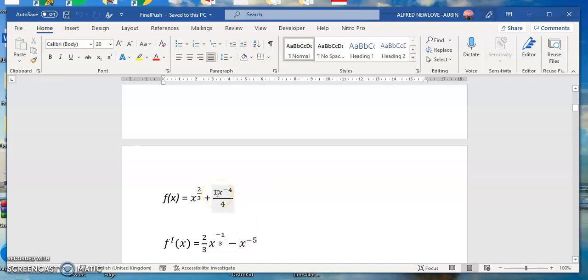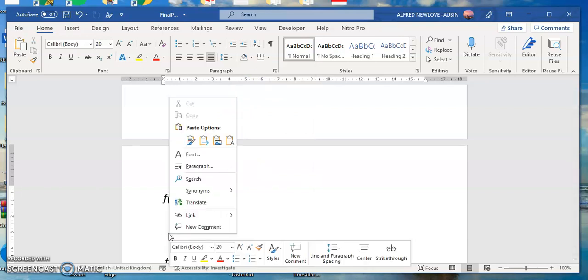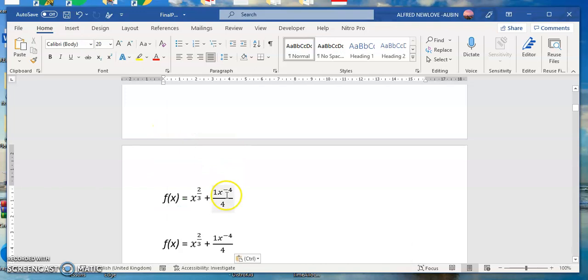So if we check this in actual sense, this should be like this. Let me just copy and paste what this one is supposed to be. So we are going to have something like this.